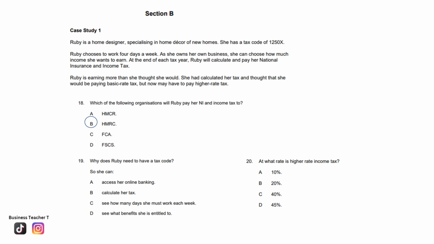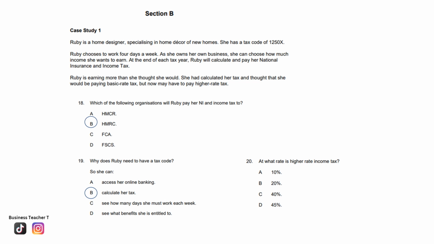Question 19. Why does Ruby need to have a tax code? So she can A. Access her online banking, B. Calculate her tax, C. See how many days she must work each week, or D. See what benefits she is entitled to. The answer is B. Calculate her tax.